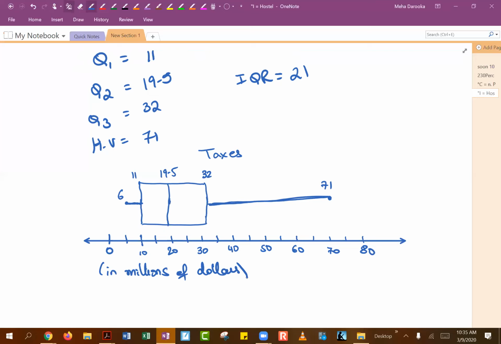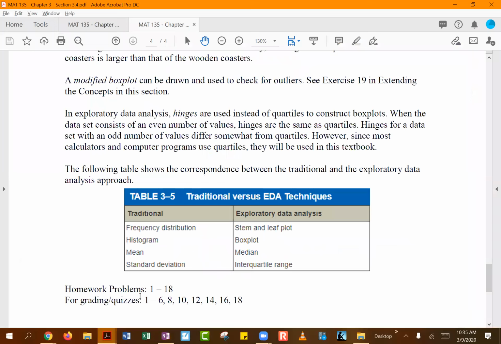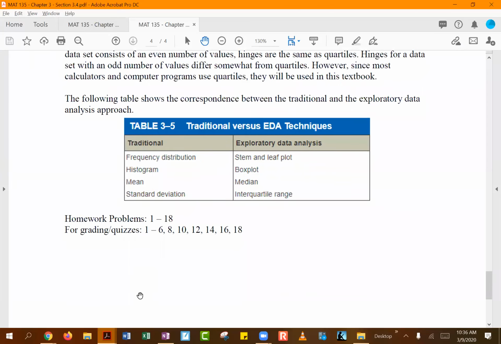So honestly, the only thing they are really doing in this section is talking about the box plot. They could have pretty much combined 3.3 and 3.4 together, but I think they just wanted to emphasize that these calculations are a little bit different than your mean and standard deviation, where outliers have an effect, but with the exploratory data analysis, we're only interested in medians and interquartile range as our measurements of central tendency and dispersion.